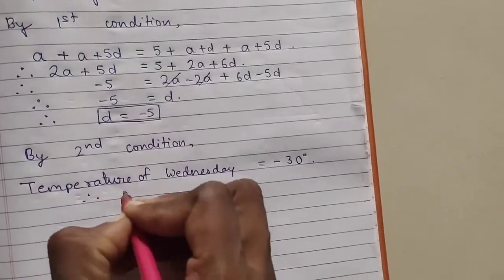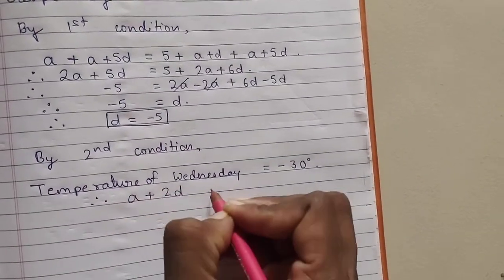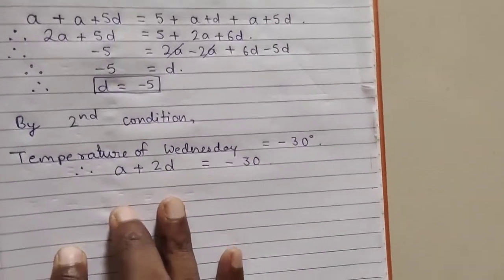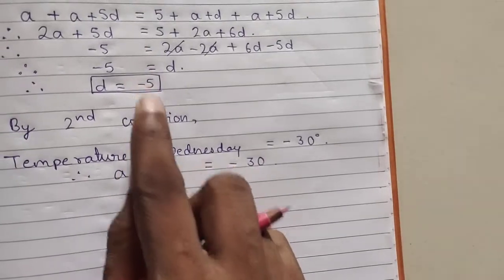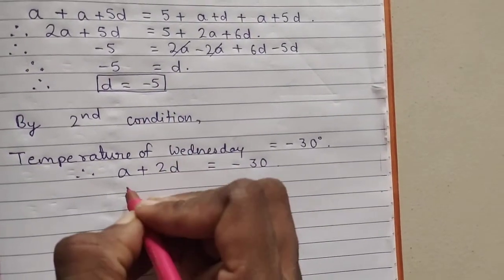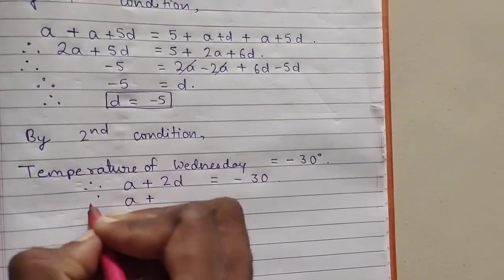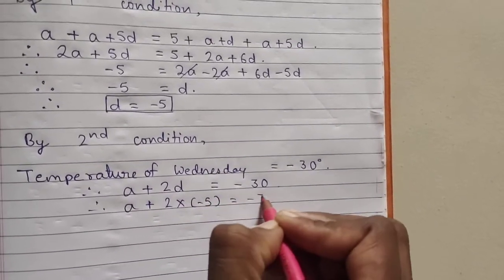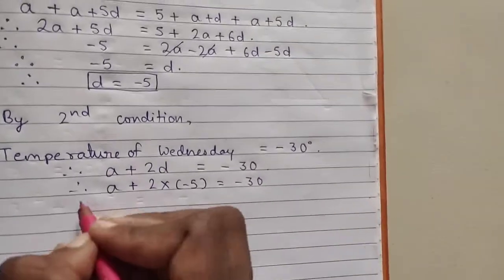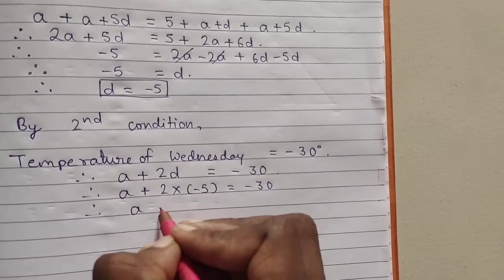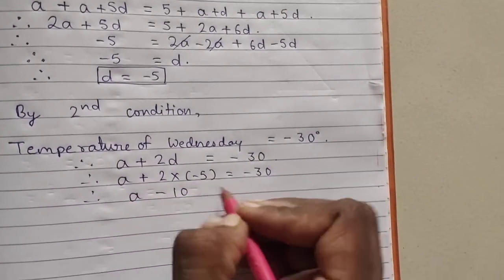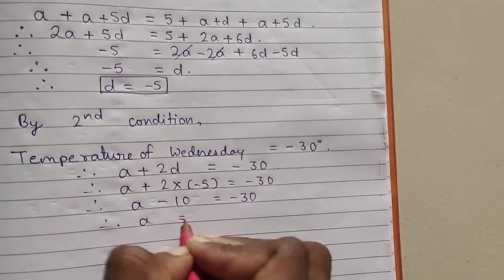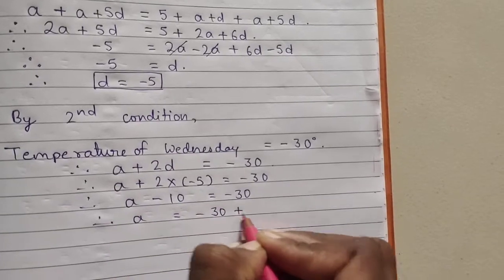So we will write that A plus 2D is our Wednesday and this is nothing but minus 30. Okay. Now since we already have D as minus 5, let us replace that. So this becomes A plus 2 into minus 5 equals minus 30. Therefore A, this becomes minus 10 because 2 into minus 5 gives you minus 10. Now take this minus 10 to the right hand side. So this becomes minus 30 plus 10.